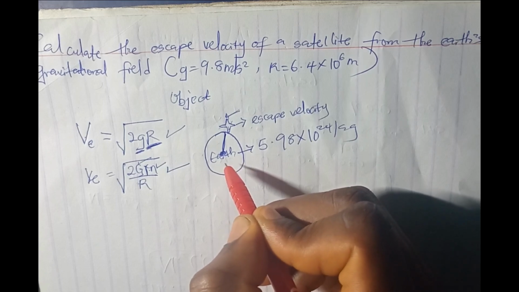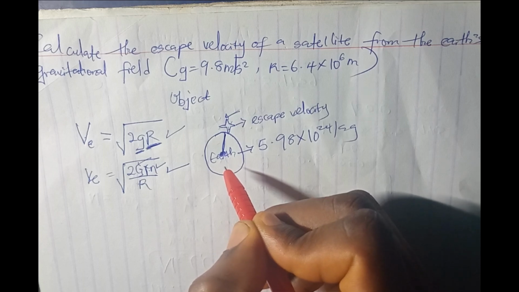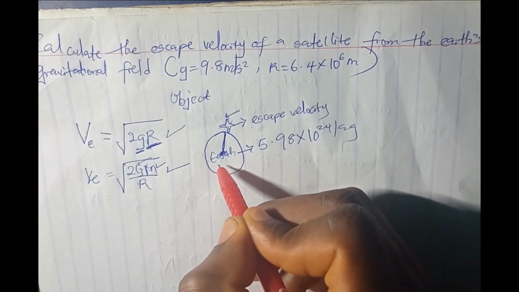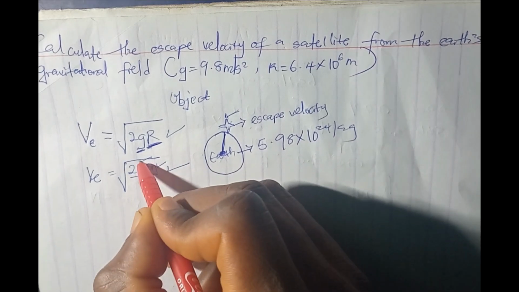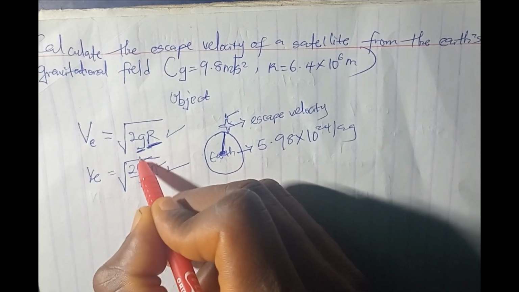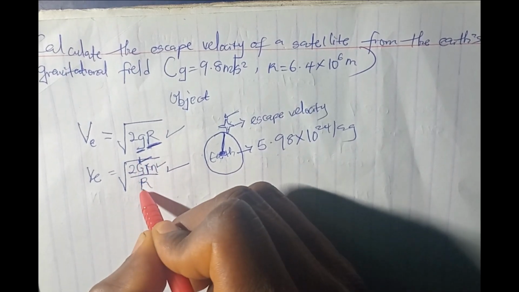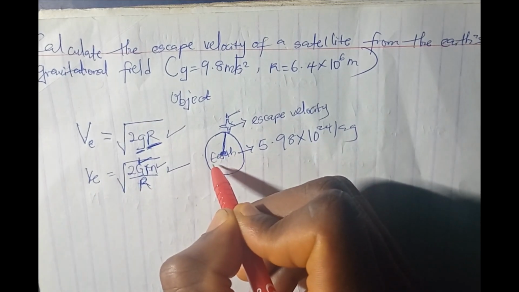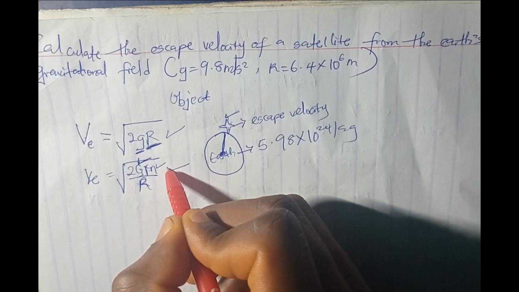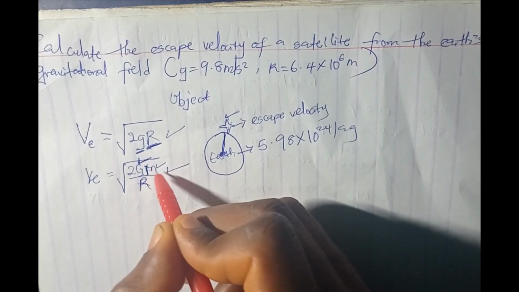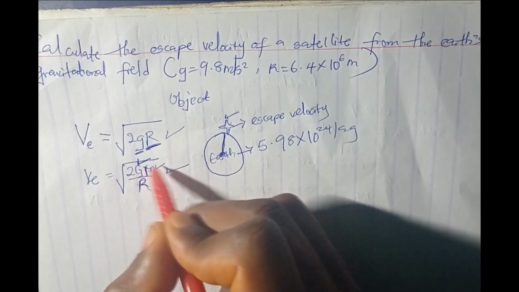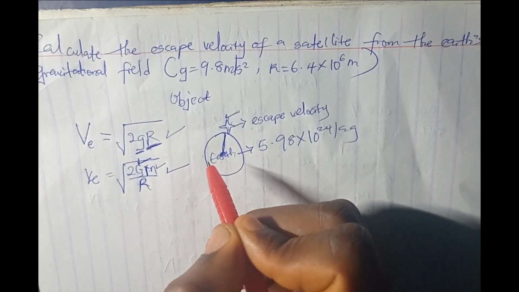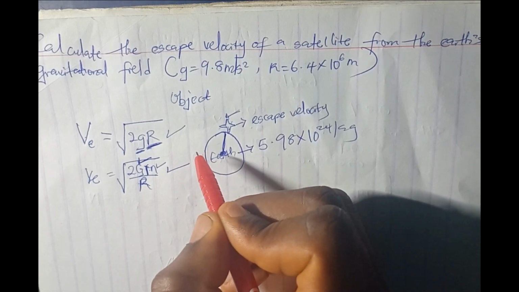In most questions, they will confuse you by giving the mass of the object that is leaving, then give you the universal gravitational constant, and then the radius of the bigger planet. If you use this formula when given the mass of the object that is leaving, it is a very big lie. Please be careful. I hope you're following.